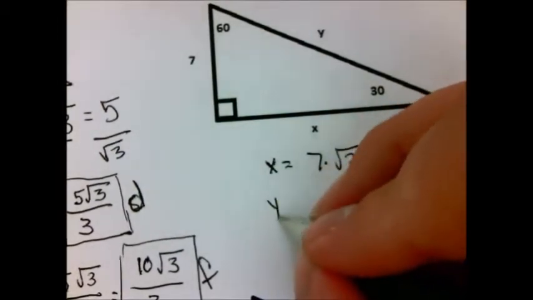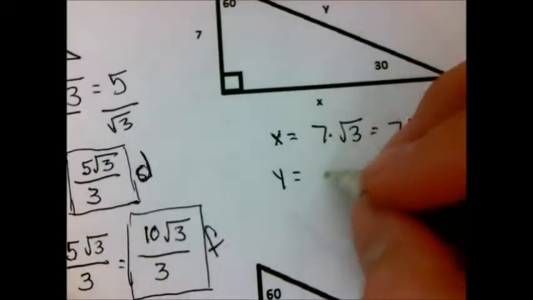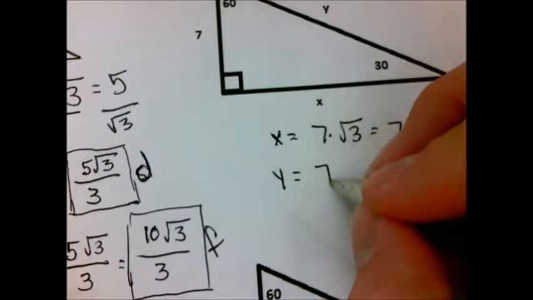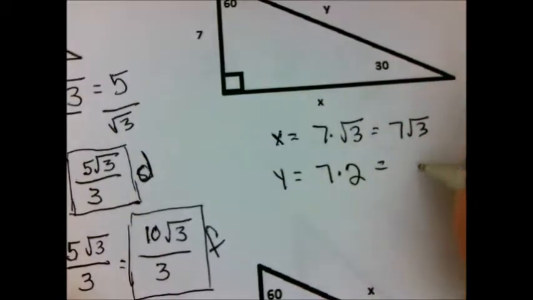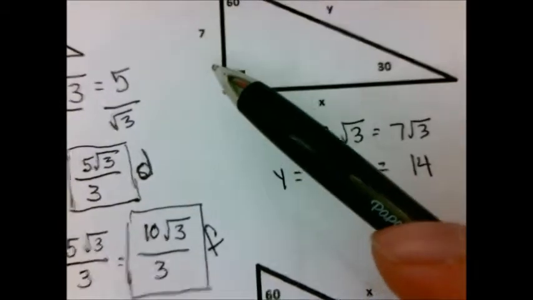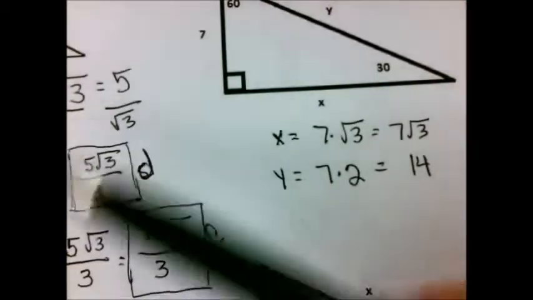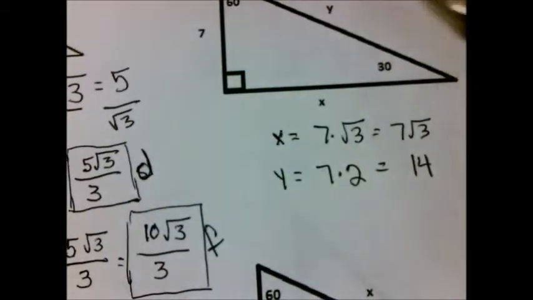Y, same idea. Y, the hypotenuse, is just 2 times the shorter leg. So all we have to do is 7 times 2, which gives us 14. So if we know the shorter leg, it's pretty easy to find these two quickly. It's a little bit harder when you know something else, but at least we know this. Give you a second to write that down.